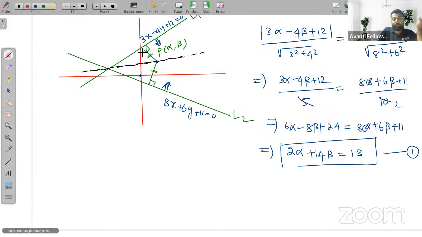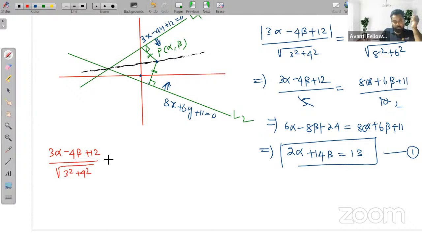So the perpendicular distance from point P to L1 will be 3 alpha minus 4 beta plus 12 divided by root of 3 square plus 4 square, is equal to what?